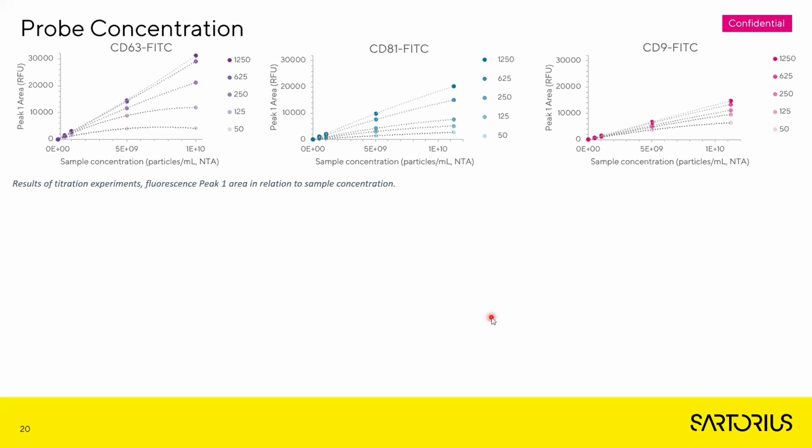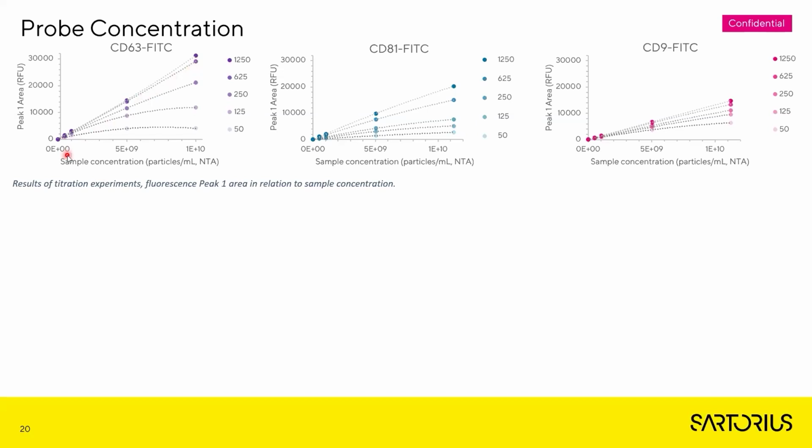So the next thing I will address is the titration, the probe concentration. Here we can see results of the impact of the probe concentration on the signal intensity for 3 different EV markers. The aim of titration is usually to reach the saturation level.